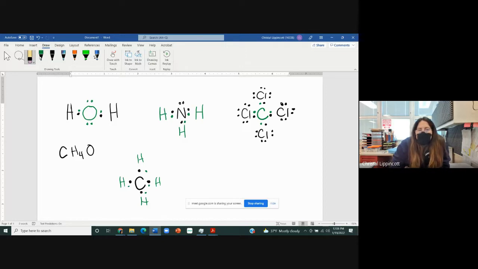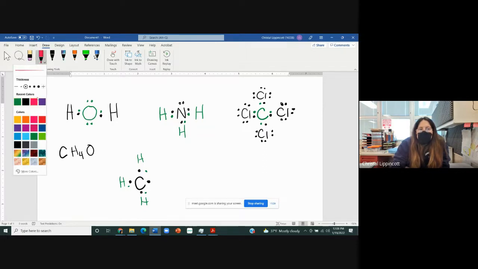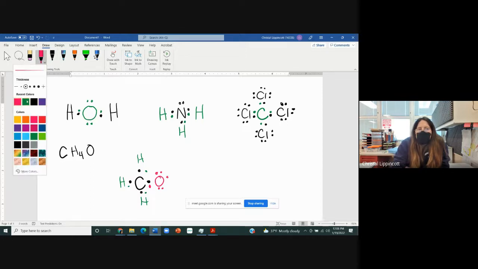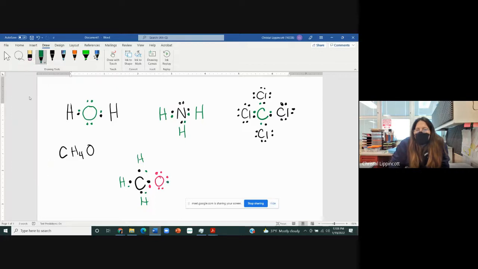So what I'm going to do is I'm going to take one of these H's away, and there I'm going to attach an oxygen. Now, oxygen has 6 electrons. That then leaves an open space here for that extra hydrogen to glob on right there. You see how these are kind of like jigsaw puzzles and you kind of got to work through them?